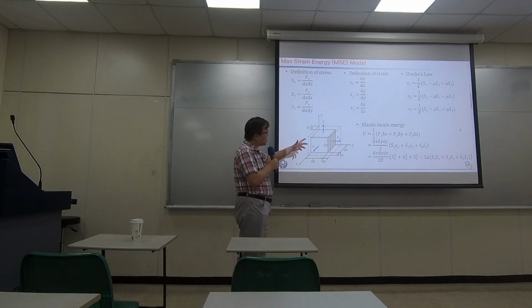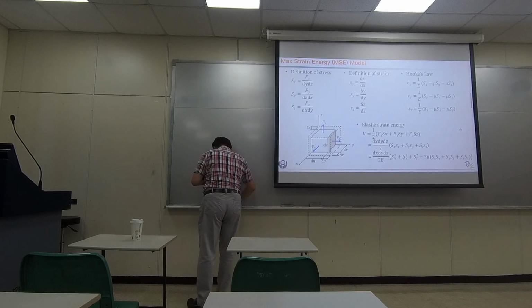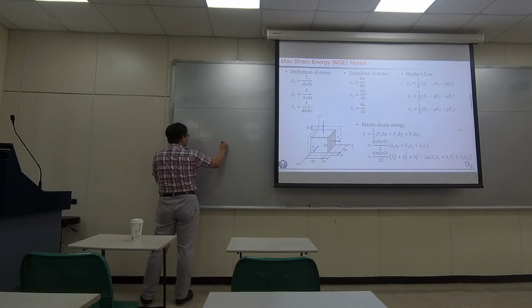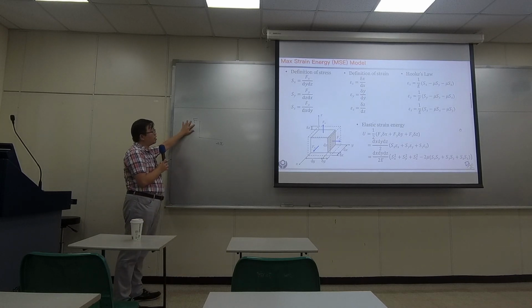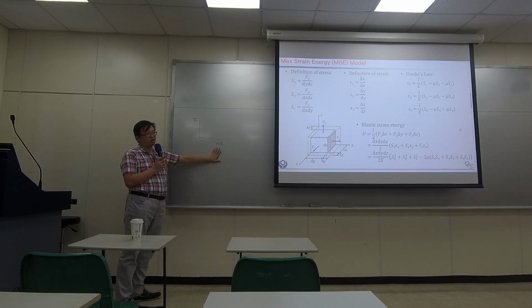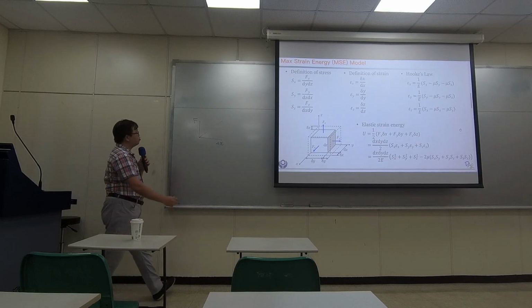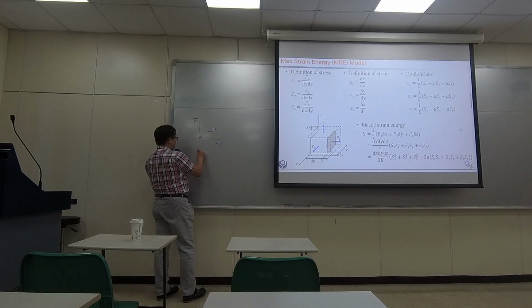Now, let's talk about how you can compute strain energy. So if you remember, for a spring, the amount of force that you apply is linearly proportional to its increment of length. So there is a linear relationship like this. And usually we will say the slope is k. So you can say F equals k times delta x.